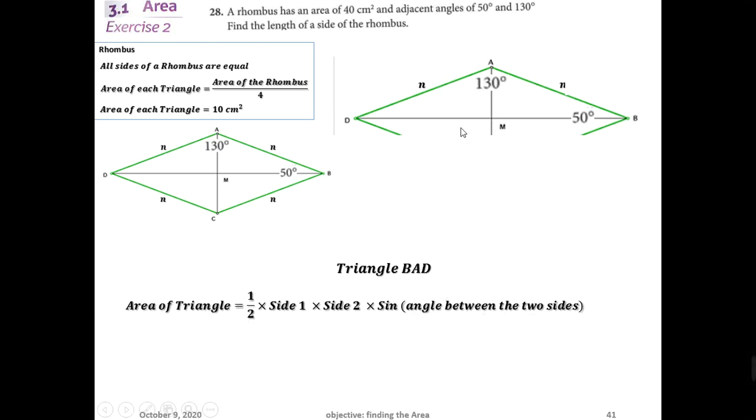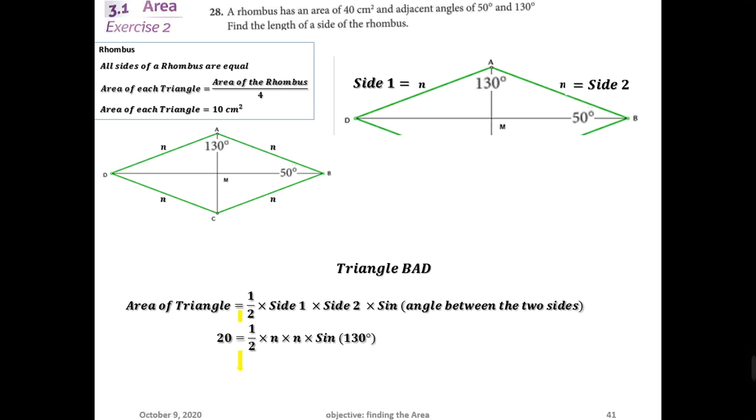And if you substitute, we said that each triangle, so in this big triangle there are two triangles, each one of them is 10 centimeters squared. So the area of the triangle is going to be replaced with 20 centimeters squared. Then 1 over 2 can be written as 0.5. The first side is n and the second side is n, because all sides in a rhombus are equal. Then sine of the angle between the two sides is 130.